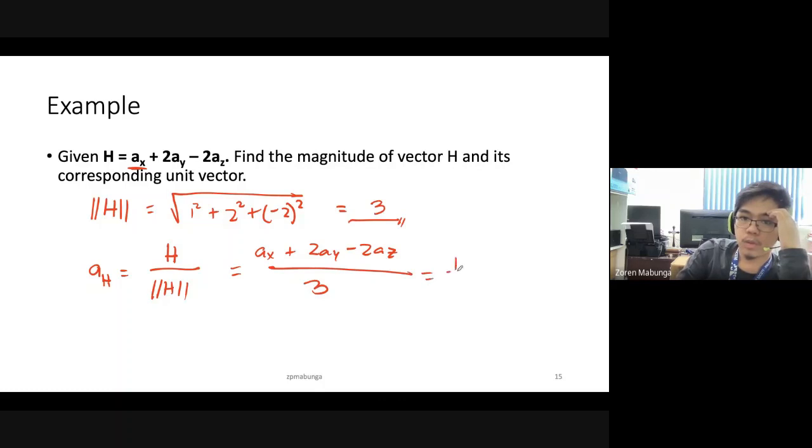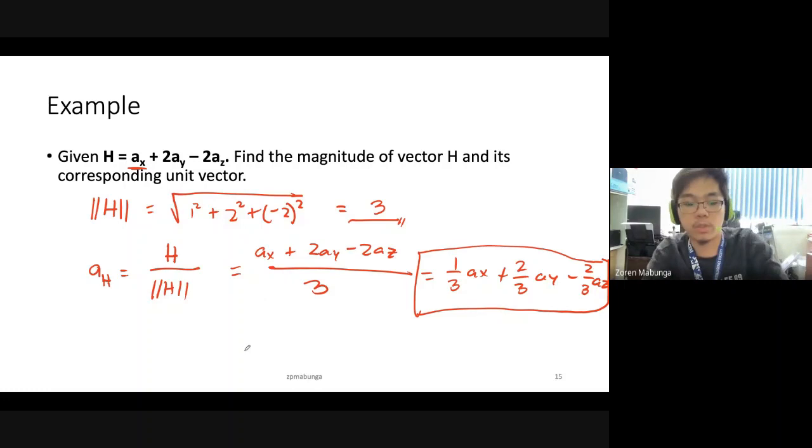So, sagot mo will be 1 over 3 AX plus 2 over 3 AY minus 2 over 3 AZ. So, this will be your unit vector directed along vector H or A sub H. Question? Malinaw? Ganyan yung pagkuha ng unit vector. Kailangan alam mo muna yung magnitude and then i-divide mo yung given vector by that magnitude.